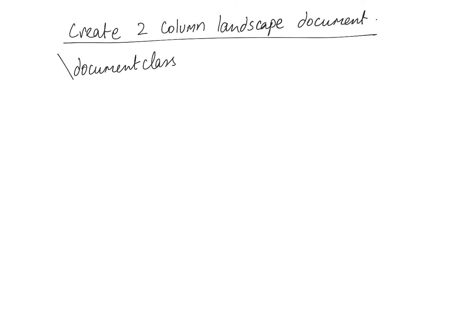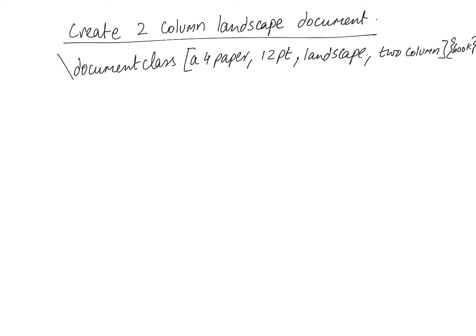And let's say if you were doing the same A4 paper, 12 point, landscape, 2 column. And let's say book. Right? So you can typeset this document accordingly.